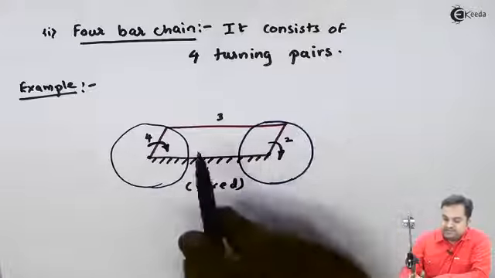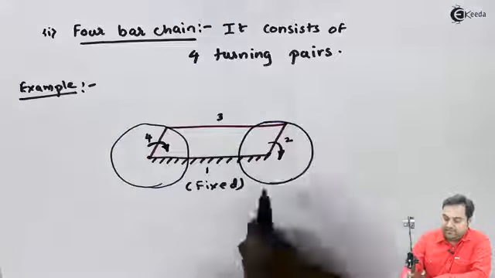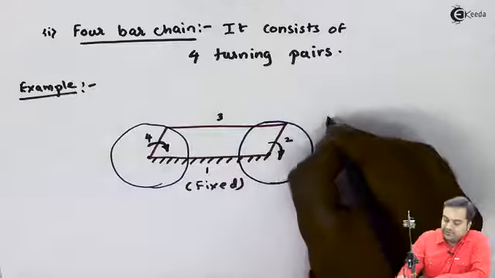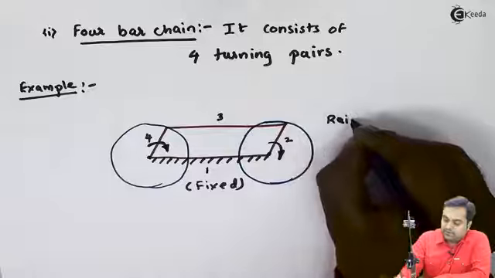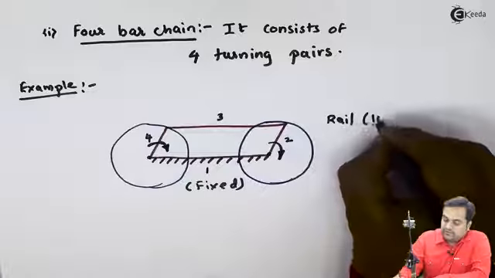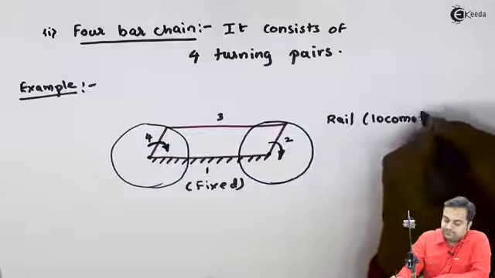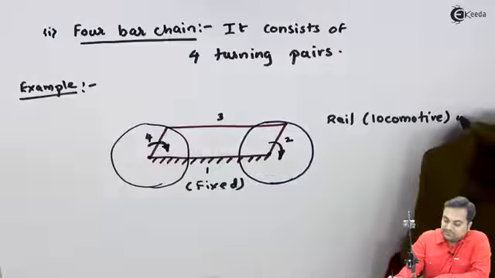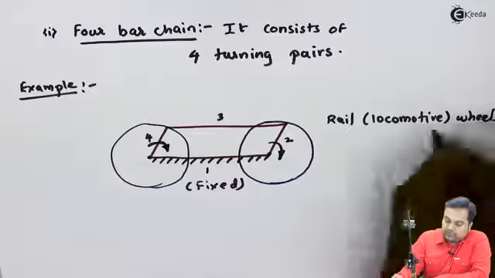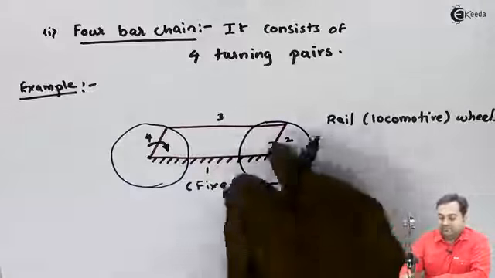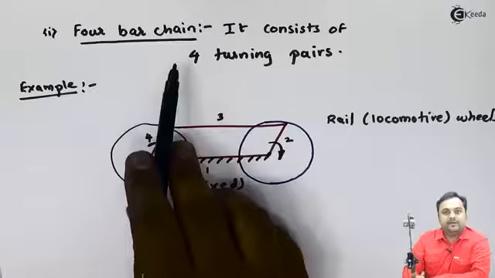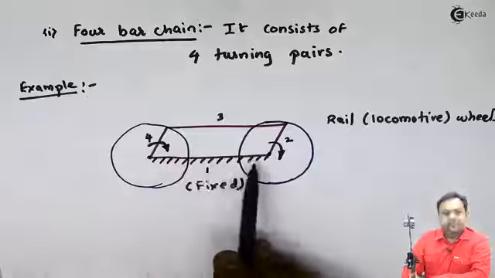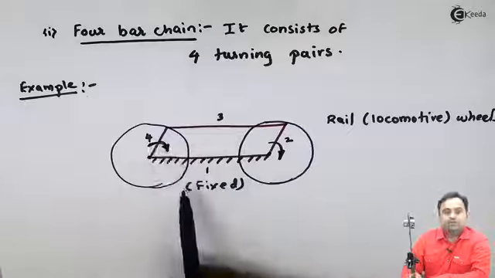Therefore this becomes an example of a 4-bar chain, and this example is of rail or locomotive wheels. That is, if we want to drive the wheels of a locomotive, there we have the 4-bar chain mechanism where one of the links is fixed and we are giving rotation to the other links.